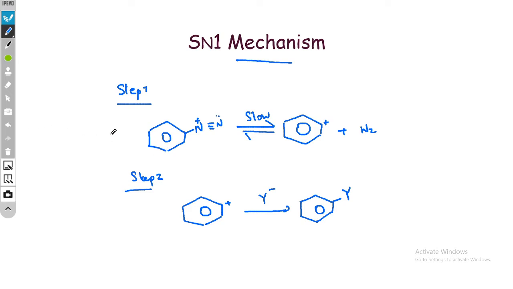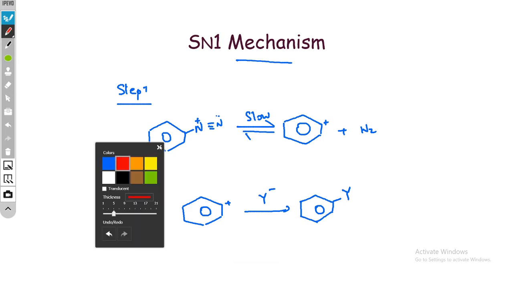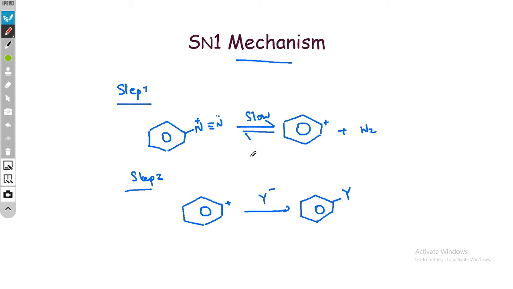First of all, this mechanism is happening in the case of diazonium salt. The reaction rate is first order in diazonium salt and independent of the concentration of Y, that is, independent of the concentration of Y minus, our nucleophile.